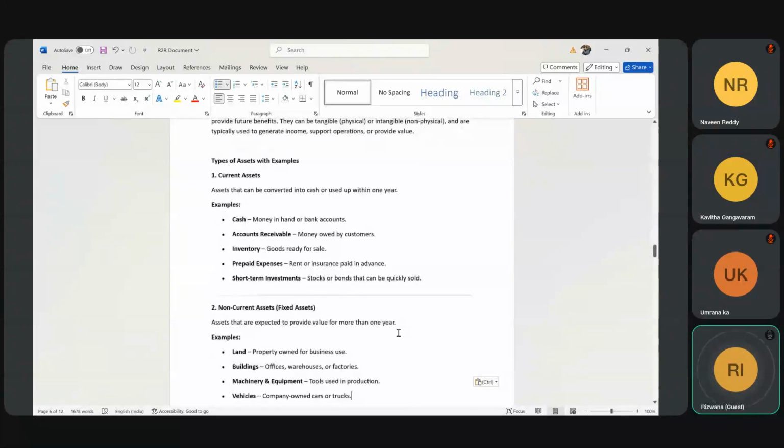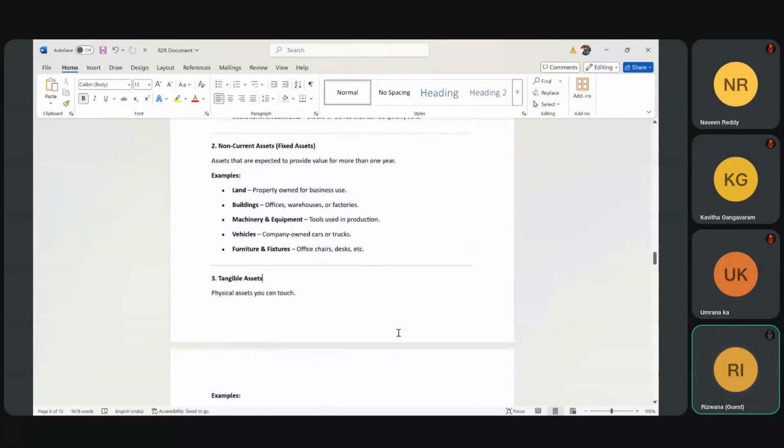And next is non-current assets. These are like fixed assets. They are expected to provide value for more than 1 year. For example, land, building, machinery and equipment, vehicles, furniture and fixtures. Land is not for a year, right? It can mostly be used for more than a year.